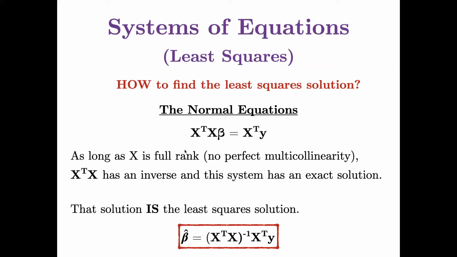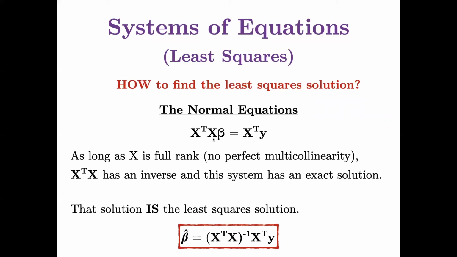So I give you the normal equations, the solution of which will be the least squares solution. Now, the nice thing about this is that as long as that matrix X is full rank, which just means that there's no perfect multicollinearity, no perfect linear dependencies between the columns, as long as that's true, this matrix X transpose X has an inverse. And so that means that this system has an exact solution.